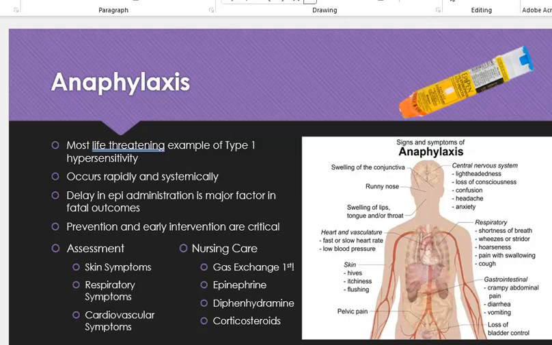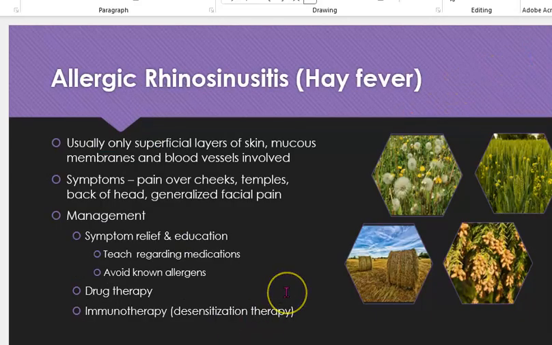The next thing that we're going to talk about is rhinosinusitis or hay fever. This is triggered by immunity and inflammatory reaction to airborne allergens such as pollen, mold, dust, animal dander, wool, food, or air pollutants. Some are seasonal, only lasting a small amount of time each year.